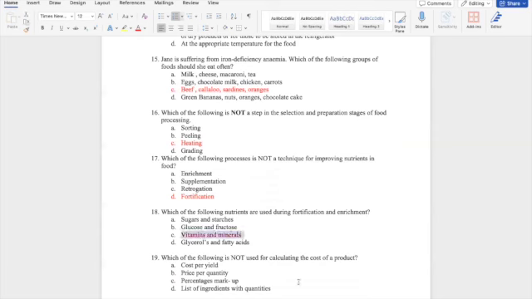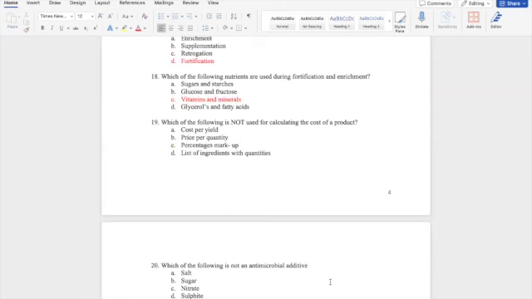Number 19. Let's go down. Which of the following is not used for calculating the cost of a product? Cost per yield, price per quantity, percentage markup, list of ingredients. So that will be cost per yield. Yeah, so that will be the answer. Let me highlight that. Number 20, let's go down so we can see.